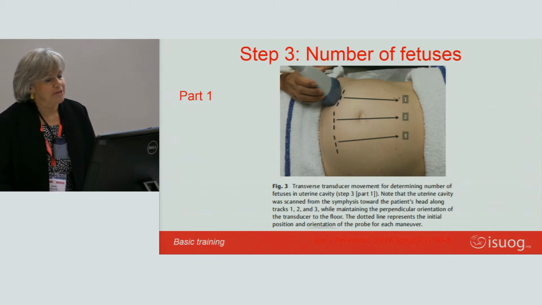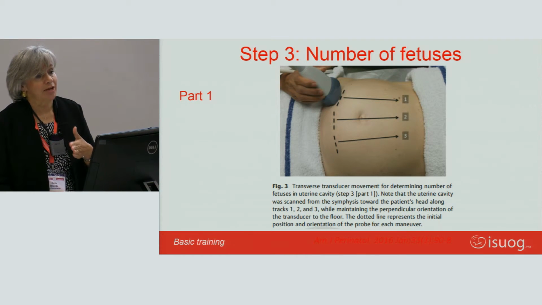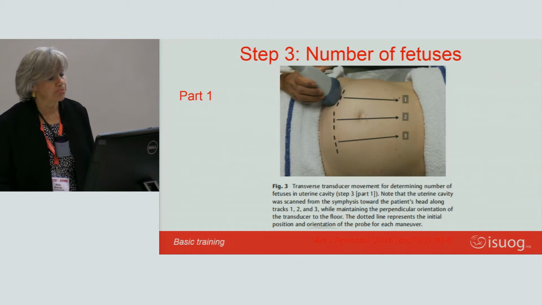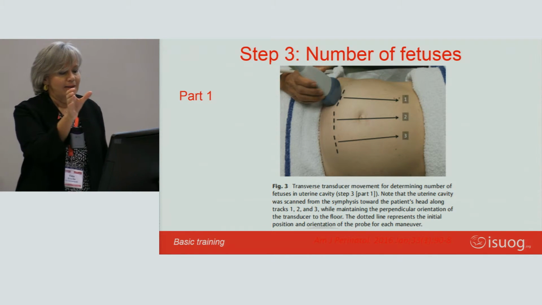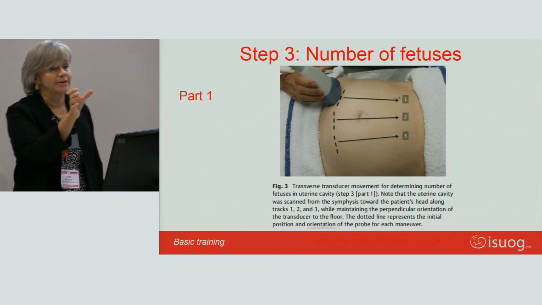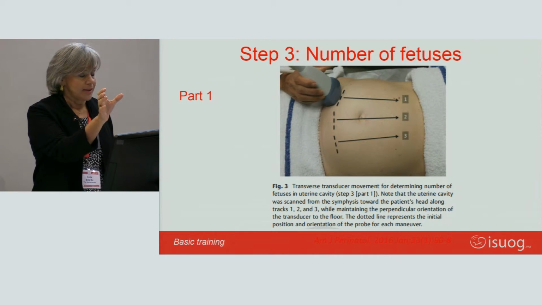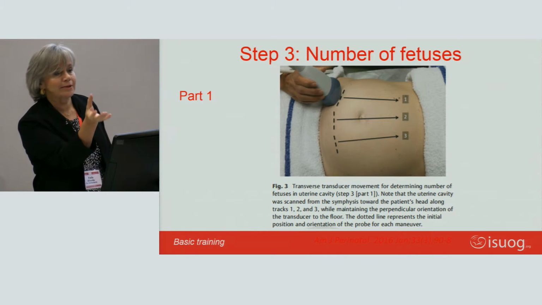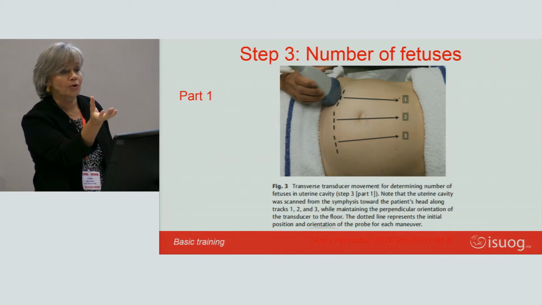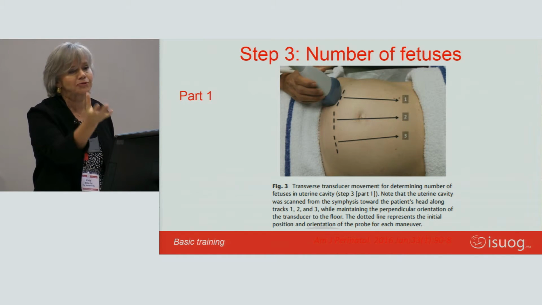Then we move to the third step, which is the number of fetuses. This is also very important, and it's very important to be systematic because, as Shannon said, especially with these curvilinear probes, where you can rock your probe from one side to another, sometimes you can create images which are not correct.